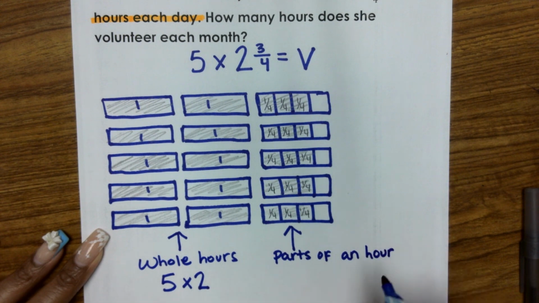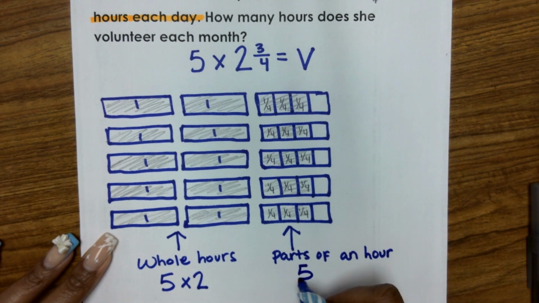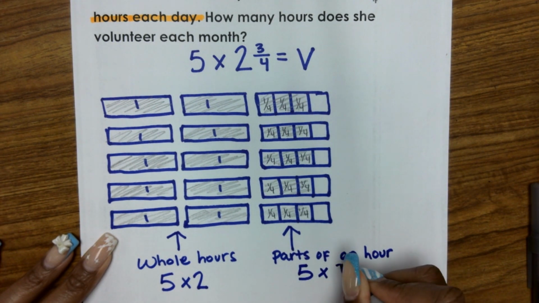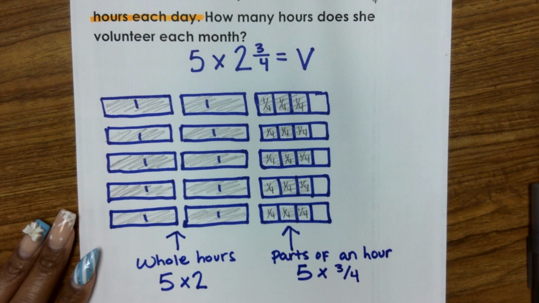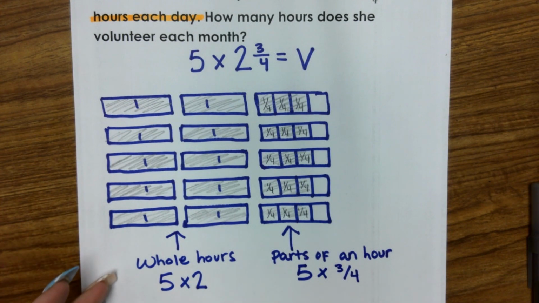Remember, that's all a fraction is, part of a whole. So I have 5 groups of 3/4. I have my 5 groups of 2 hours and then my 5 groups of 3/4 hours.